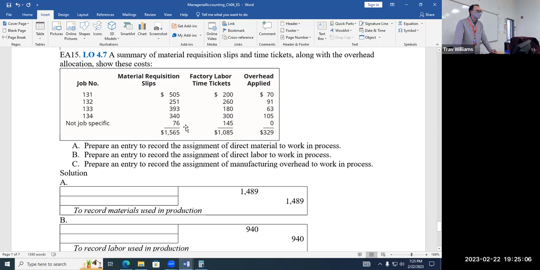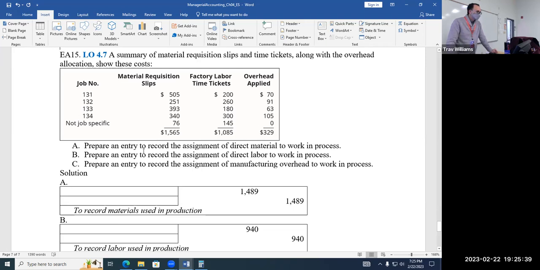So that's what we see down here. This might be materials that got wasted, maybe it was scrap material. Could also be like if your factory workers had to do some training, that's not directly related to making the product, so that's going to be indirect labor cost. So that's what we see down here, indirect materials and indirect labor.